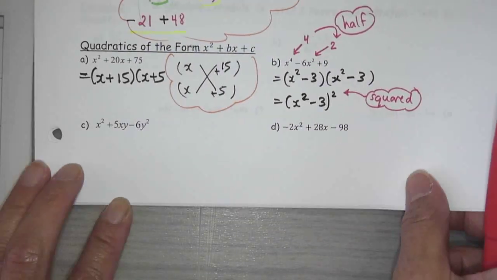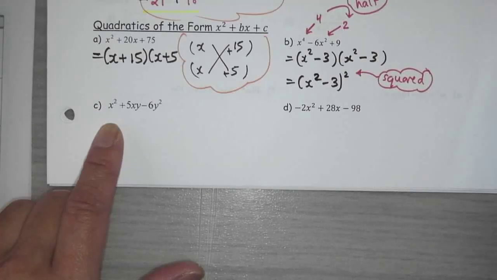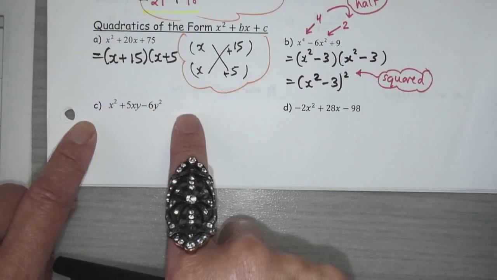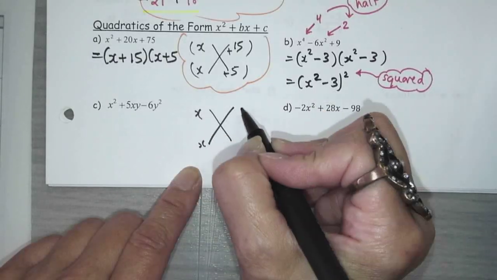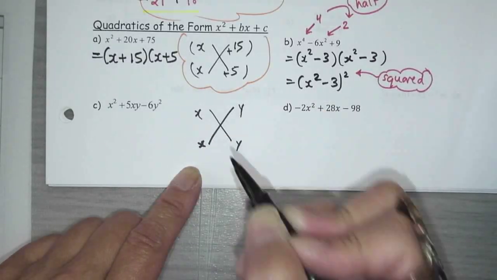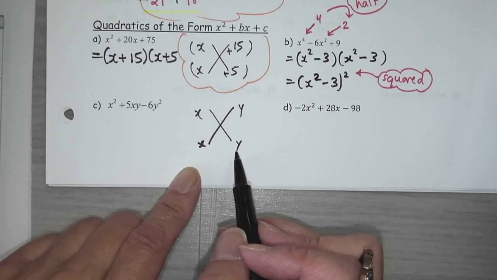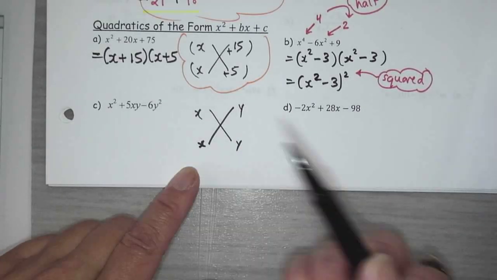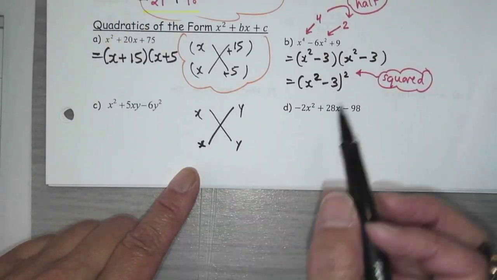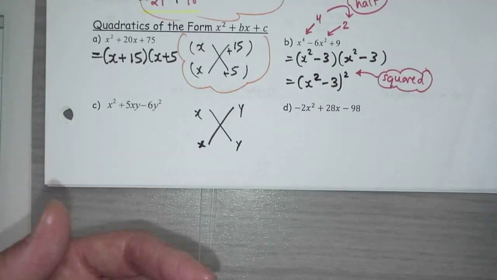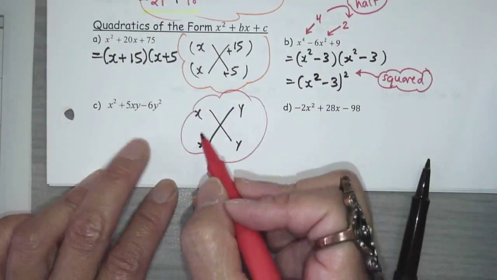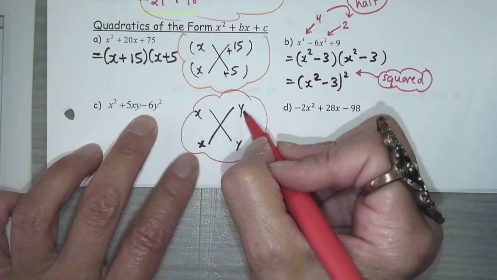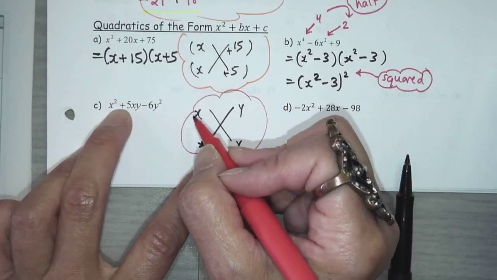All right. Then we said, what happens if we have variables on both sides? So same thing, if you're thinking about it this way, I have an x and a y times a y, right? In the middle, look, x times y and x times y is xy, so it meets in the middle, right? So both of them are middle. Same thing here, you can do x squared on the left side. You don't have to do this, right? But we know it multiplies to negative 6 and adds to 5.